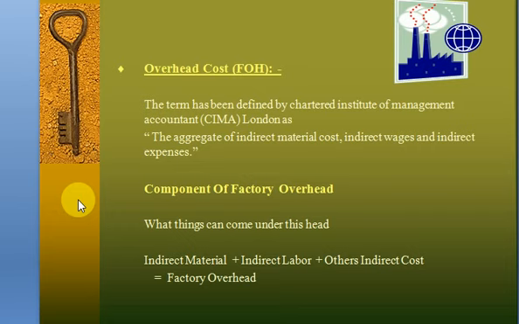Overhead cost, these are also called expenses. The next element is expenses, and expenses are further divided into two categories. Dear student, one is called direct expenses and the second one is called indirect expenses or overhead.